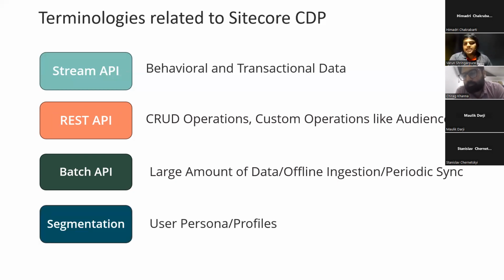Next, we have segmentation. So let's consider segmentation as a process, which takes place in Sitecore CDP to separate out users with similar attributes. How can this be useful? Let's take an example again, considering a car enthusiast. Let's say a car company is launching a new off-roading vehicle.